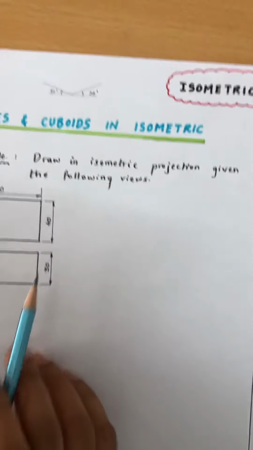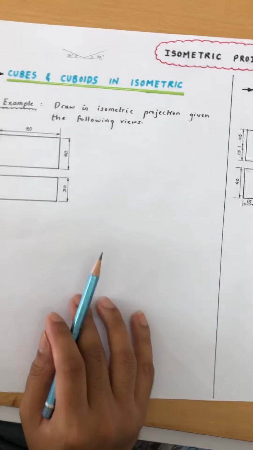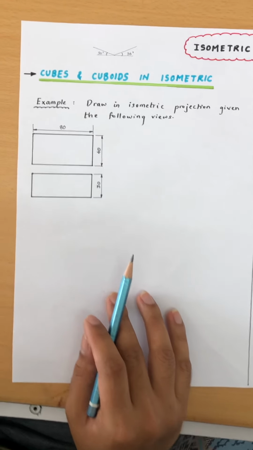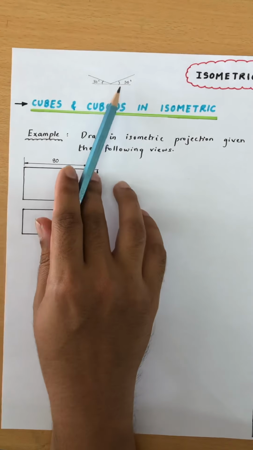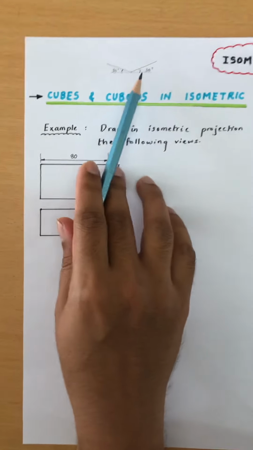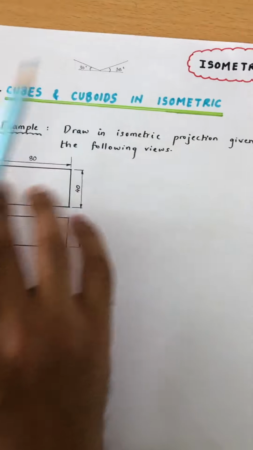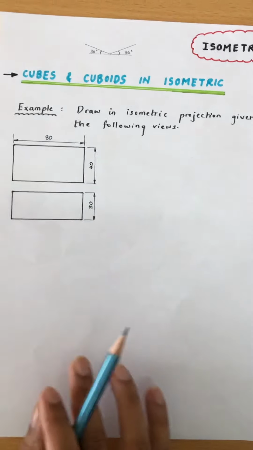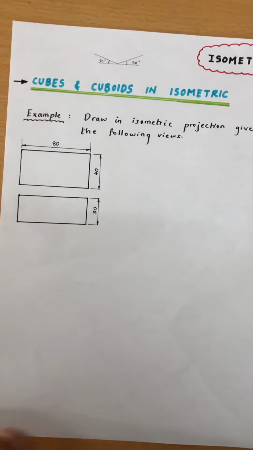In contrast with oblique projection, where you are using 45 degrees for the depth, here we use 30 degrees for the depth, and the width as well, we use 30 degrees with the horizontal. So let us start the work.